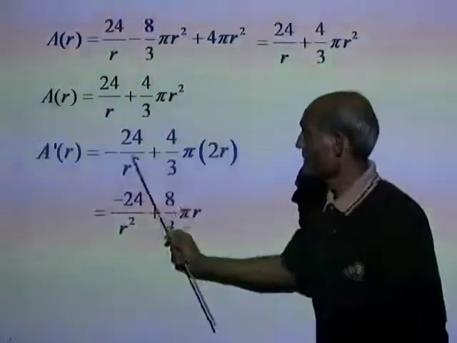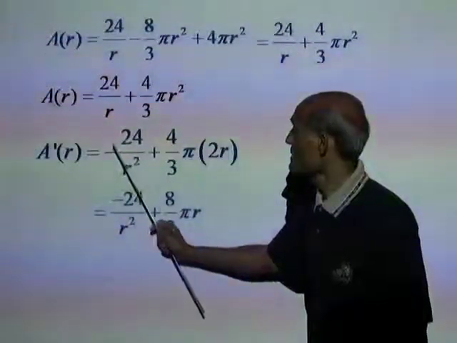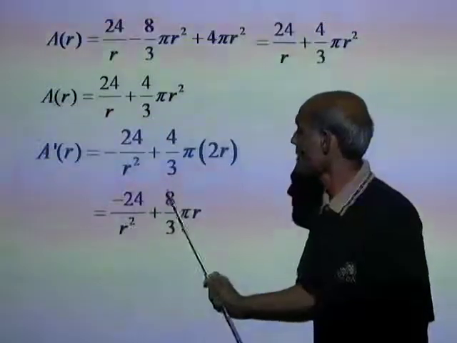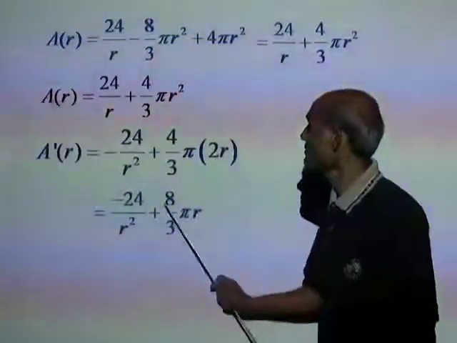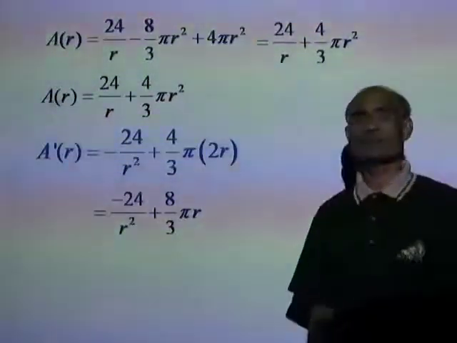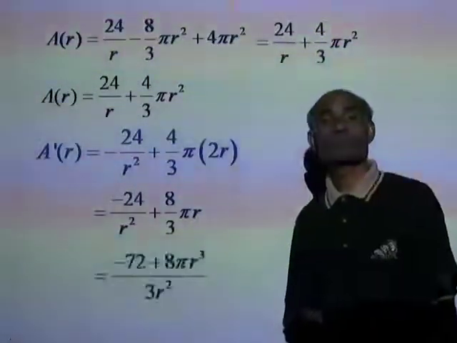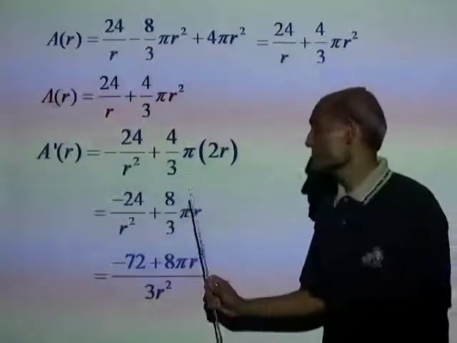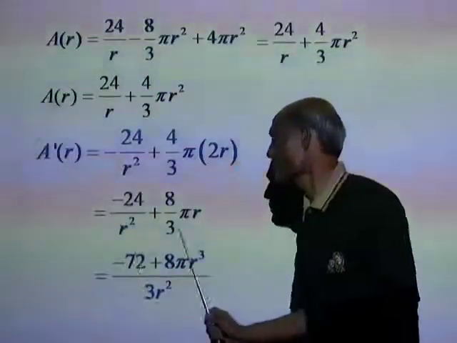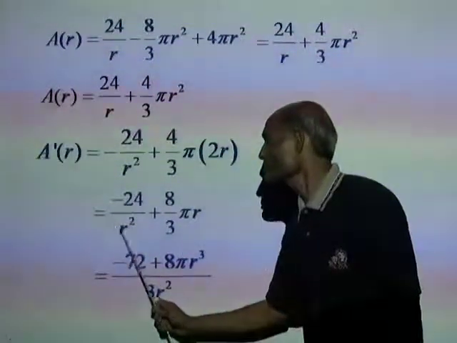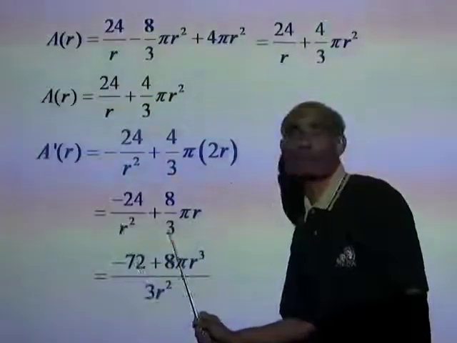Now, that will be negative 24 over r squared plus 8/3 pi r, and set this equal to 0 and solve for r. Let's first of all simplify this. Take 3r squared as the common denominator.